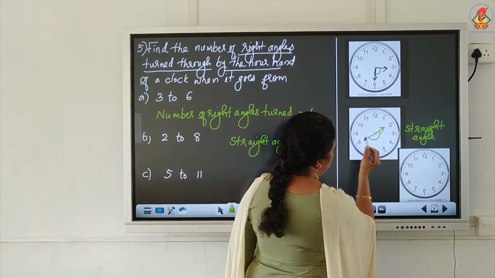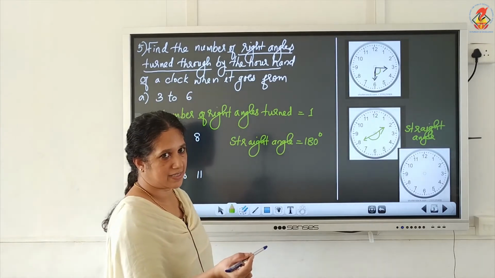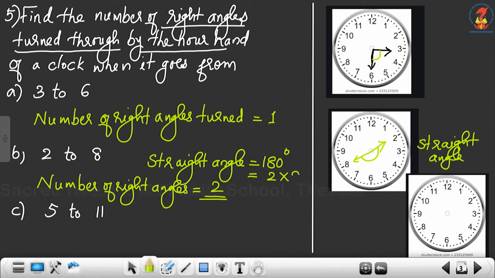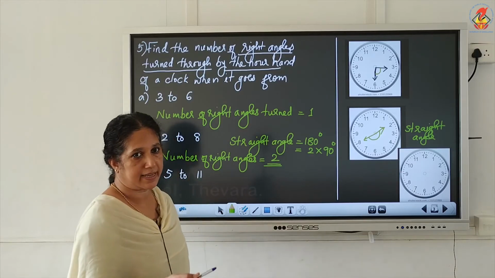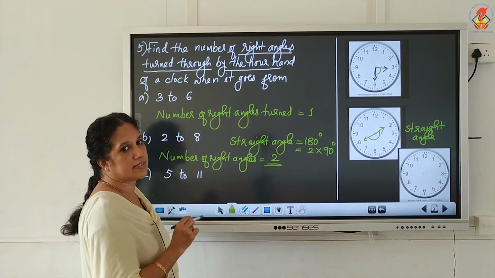In one straight angle, we have 2 right angles. 180 degrees means 2 right angles, that is 2 into 90 degrees. Therefore, the number of right angles turned is equal to 2.